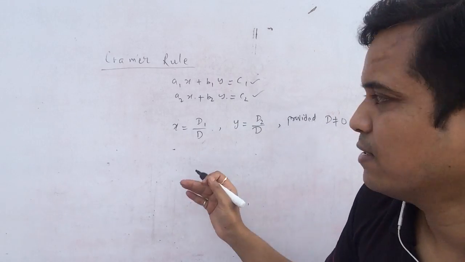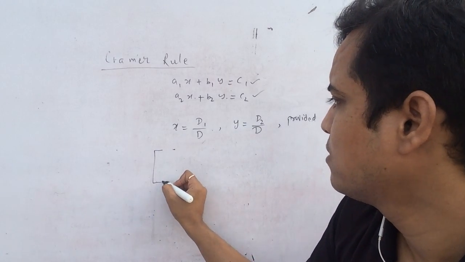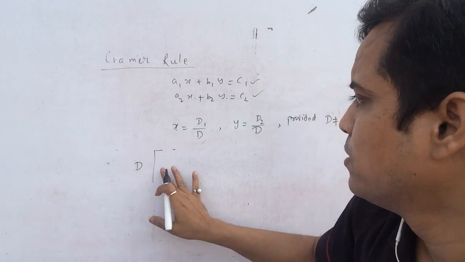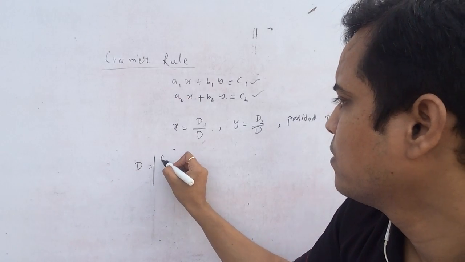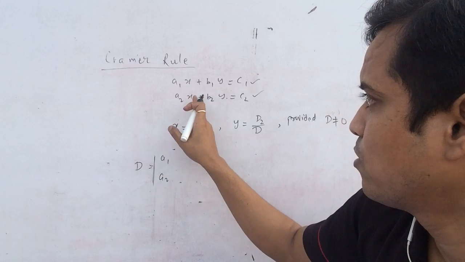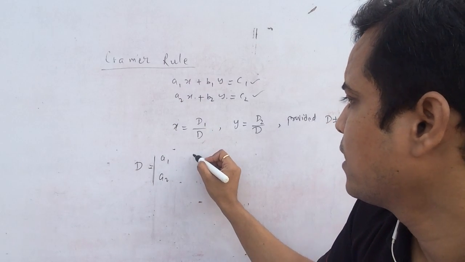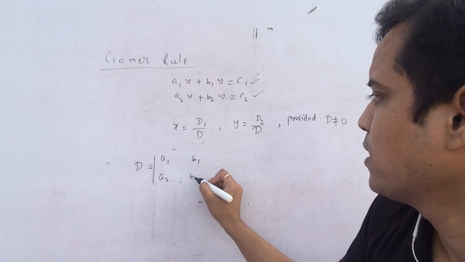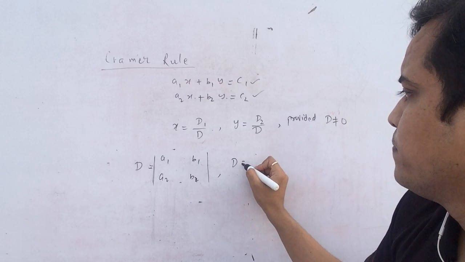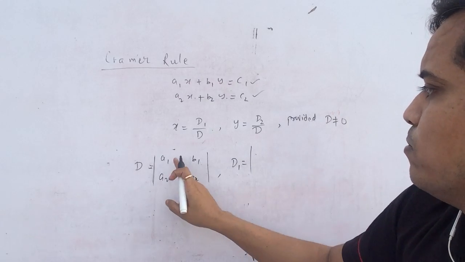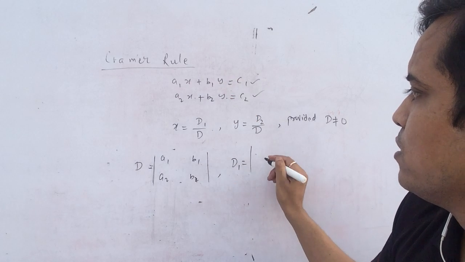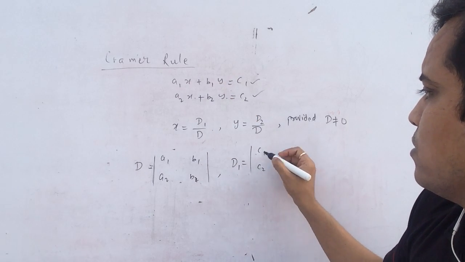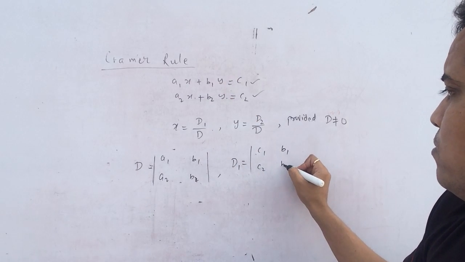Then what are d, d1 and d2? D is the determinant of a1 a2, the coefficients of x, and b1 b2, the coefficients of y. What is d1? Exchange a1 a2 with c1 c2, then b1 b2.